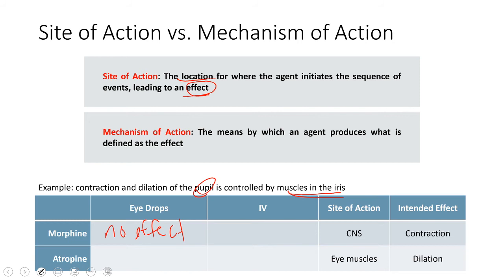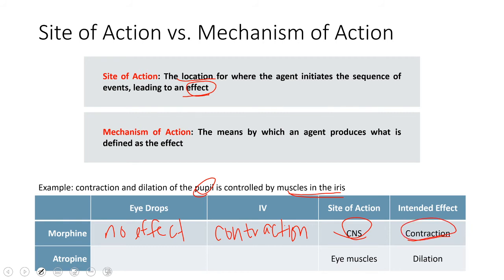However, if you put it through an IV, then you get contraction. Because the site of action is the central nervous system, it can induce its mechanism of action, which is contraction of the muscles in the eye.